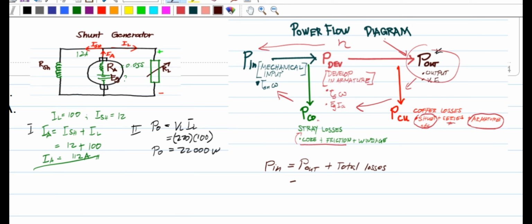And the total losses are, from the copper loss, the P shunt and the P armature loss, and from the core loss, the P stray, which is given.